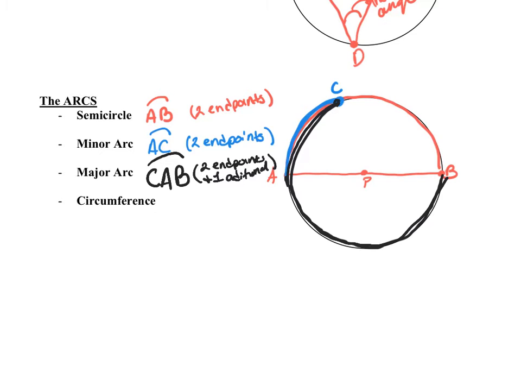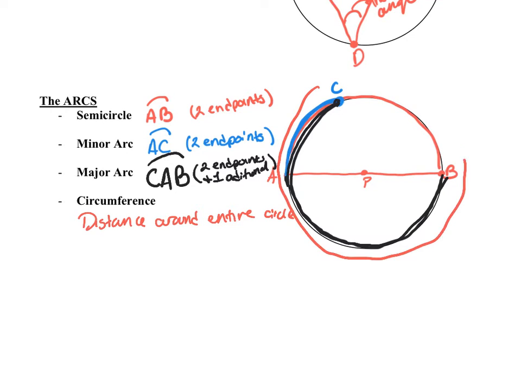Now for the circumference, that is just the distance around the entire circle. So all the way around is the circumference. We have two formulas that we can use for circumference.